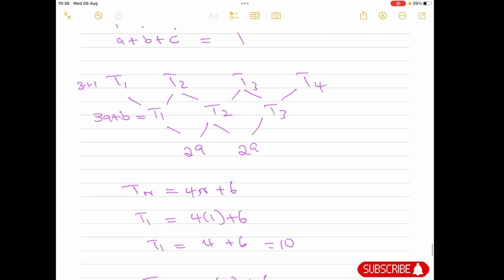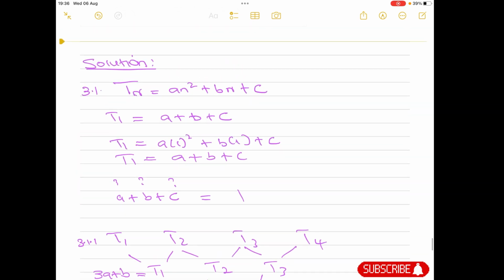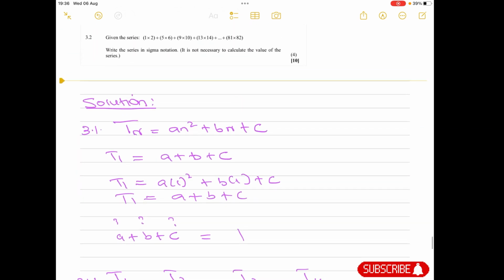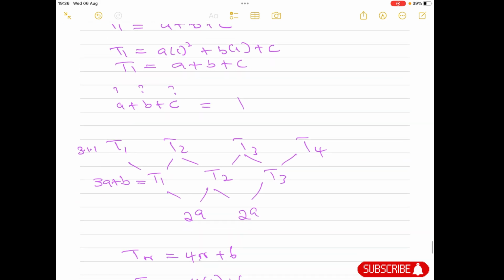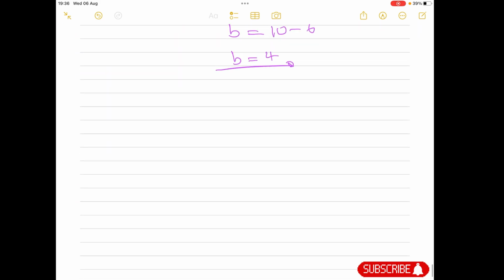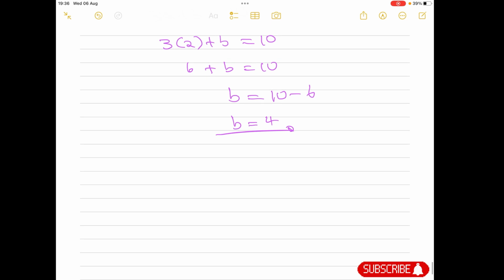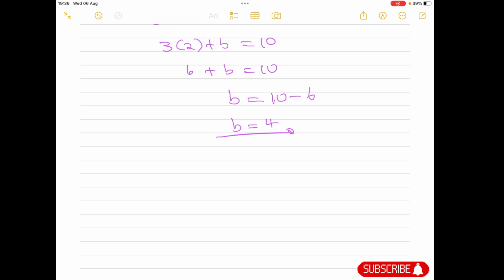And now I'm going to use this information that I was told earlier, that the first term of the quadratic sequence is 1. So now I'll be having A plus B plus C equal to 1.